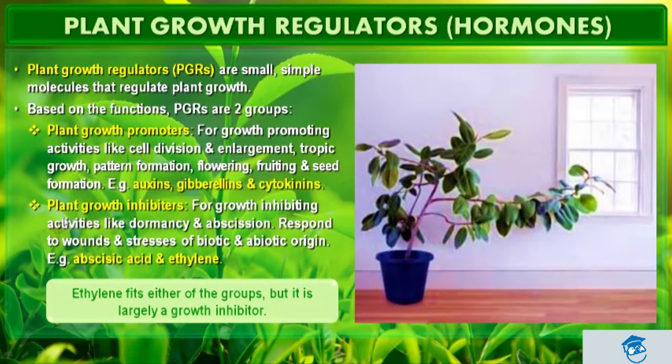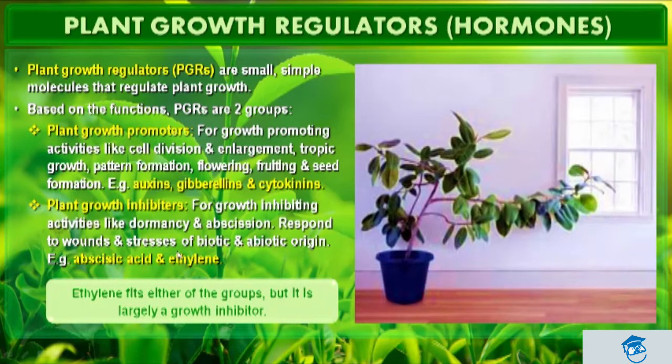If we talk about the plant growth inhibitors to be more precise, abscisic acid belongs to this group. Ethylene also belongs to the plant growth inhibitor group. So this is a gaseous plant growth inhibitor, ethylene.